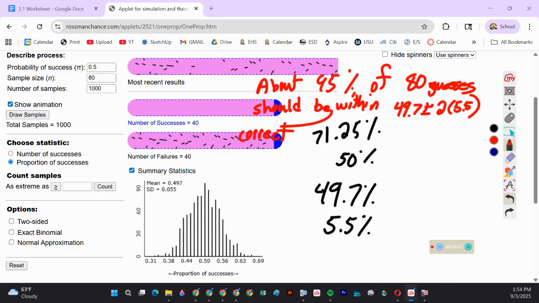So that's 11, so 38, oh, that's a 4. 38.7 to 60.7. So, if you play a single round of 80 guesses, you have a 95% chance of landing in this window.